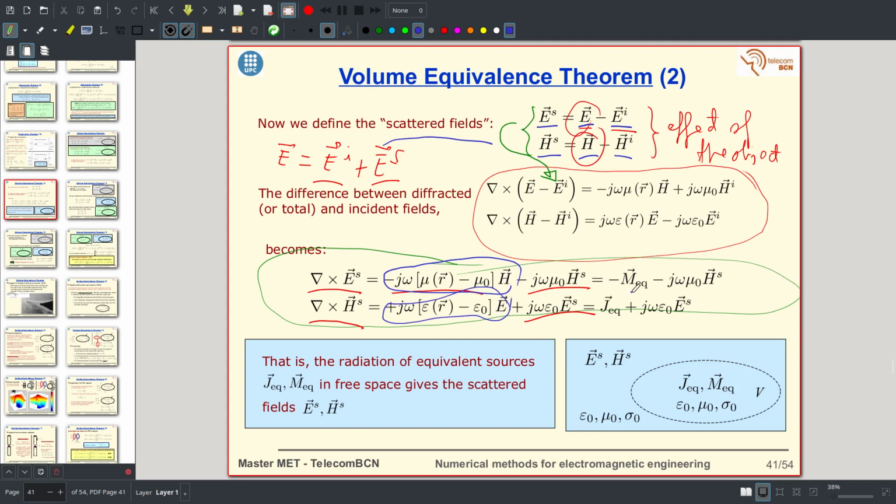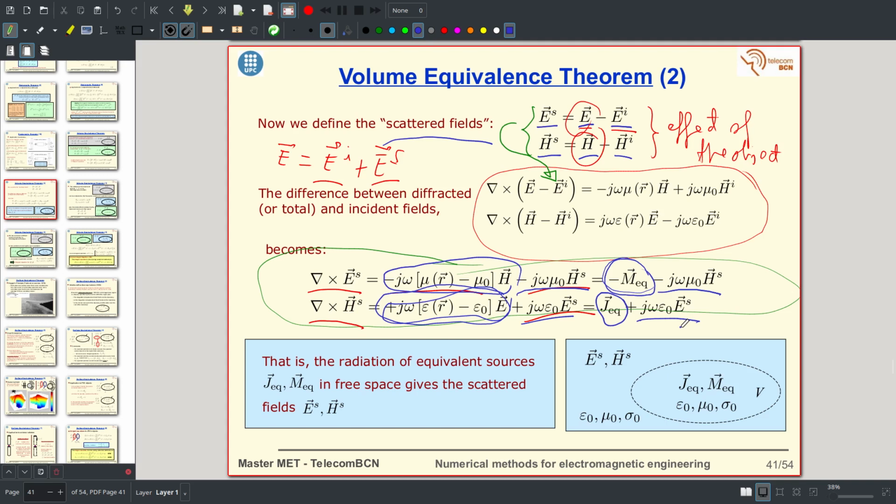In comparing with a conventional Faraday law in the first case, we define the first term as a magnetic current, and obviously the second term is the usual term in Faraday equation. And the same in Ampere-Maxwell equation, we define the first term as equivalent electric current, and the second term is the conventional time derivative of epsilon sub 0 e, that is the time derivative of the displacement vector d.